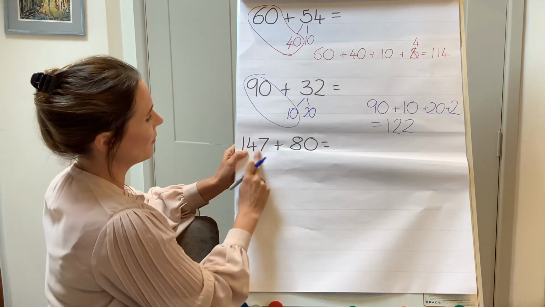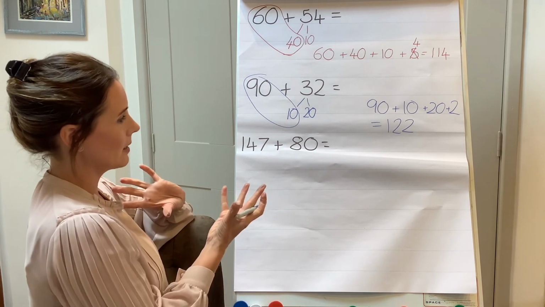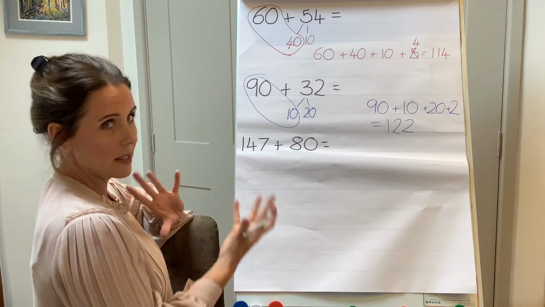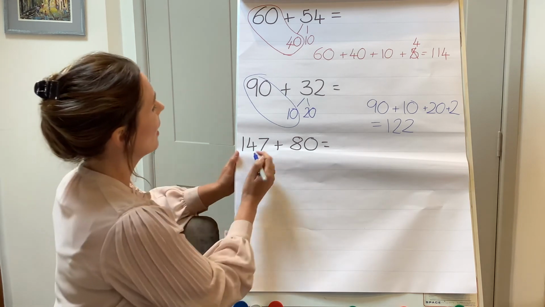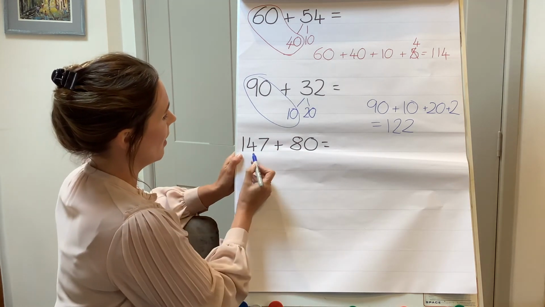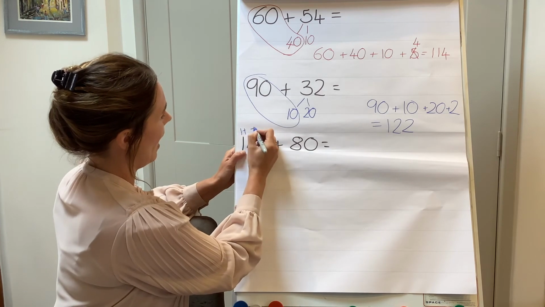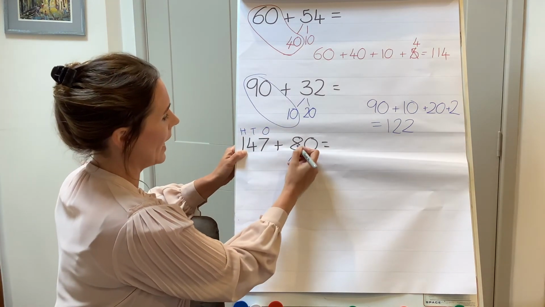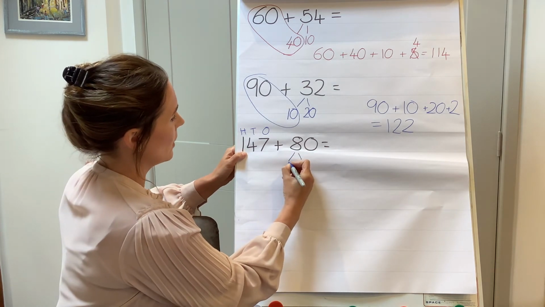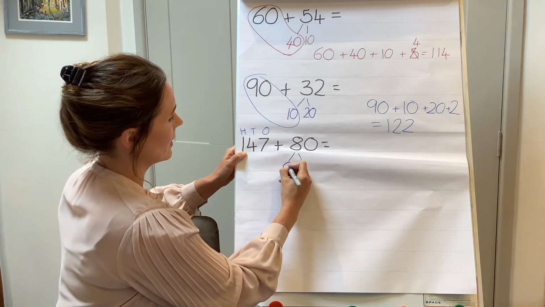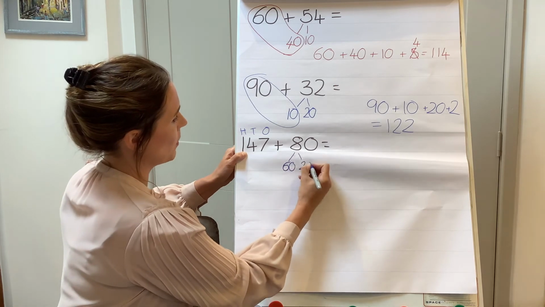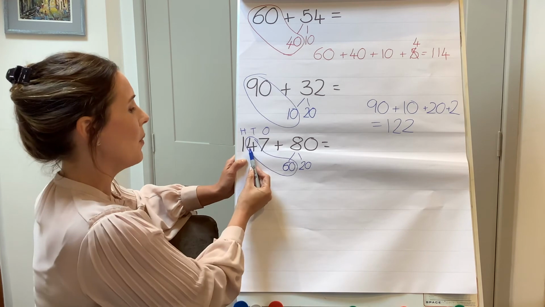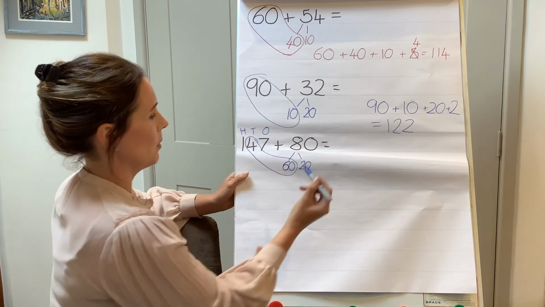This one we've got 147. We want to make the 47 into the next multiple of 100. So multiples of 100 are answers in the 100 times table. So if we look here at the tens, we can partition the 80 into 60 and 20, because 40 and 60 will make that into 100.